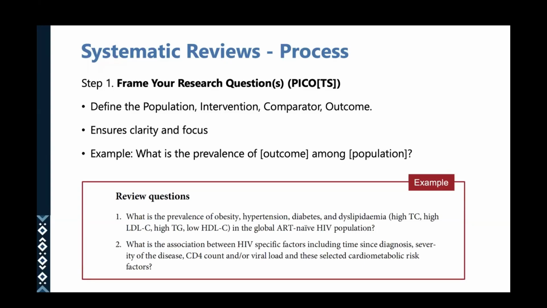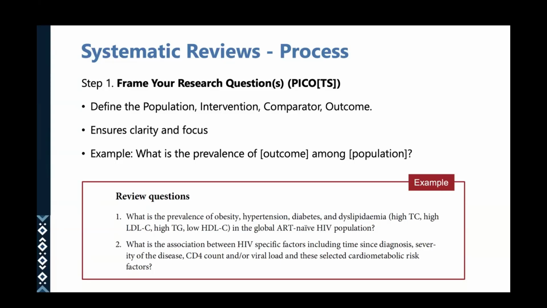So our review questions were, what is the prevalence of obesity, hypertension, diabetes, and dyslipidemia in the global ART-naive HIV population? And secondly, we also wanted to ask what is the association between HIV-specific factors, including time since HIV diagnosis, severity of disease, CD4 count, and viral load, and these different selected cardiometabolic risk factors.